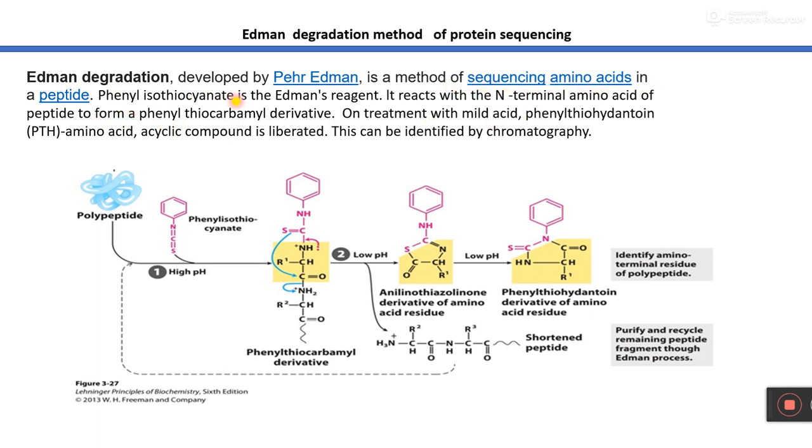Here phenyl isothiocyanate is the Edman reagent, and it generally reacts with the N-terminal amino acid of a peptide to form a phenylthiocarbamyl derivative, and on treatment with mild acid this phenylthiocarbamyl derivative splits into a shortened peptide and phenylthiohydantoin amino acid, right?